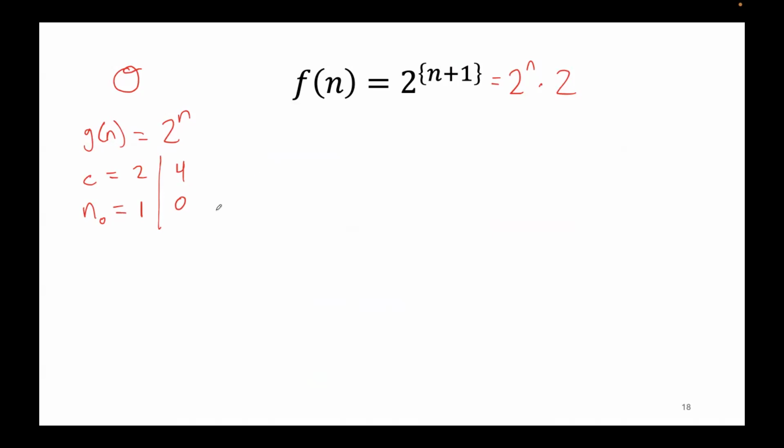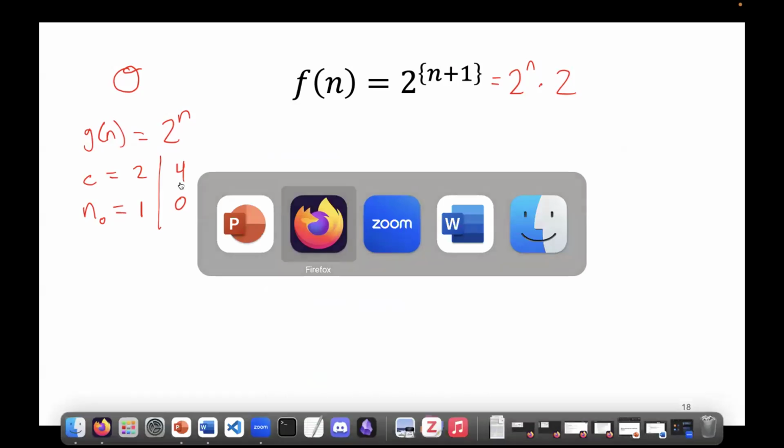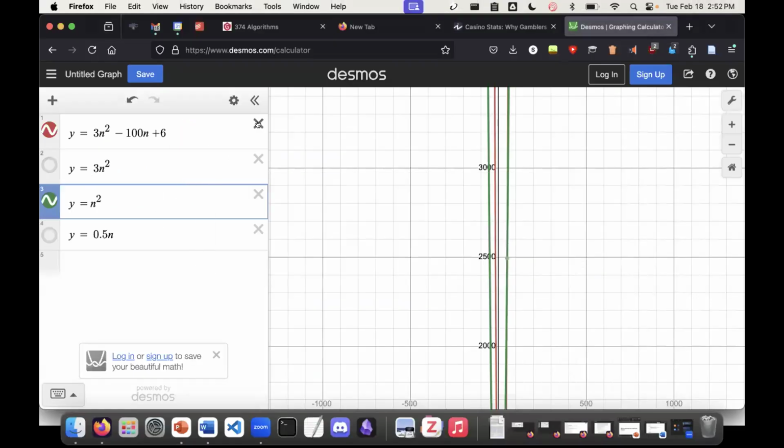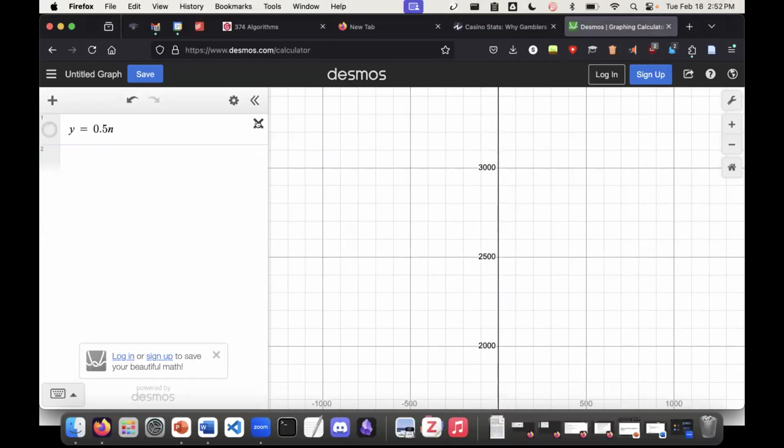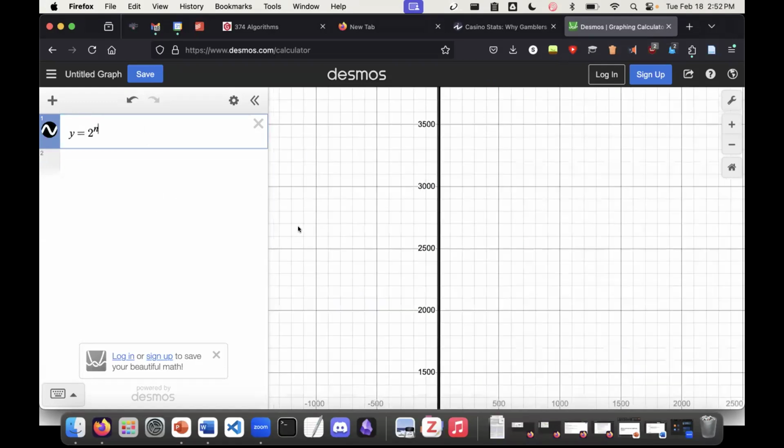Yeah. So here's the thing. There's infinite values of C for where this works. And let me prove this to you. So let me get rid of all of these. And if I type y equals 3n, no, wait, we're not on 3n anymore. We're on 2 to the n.